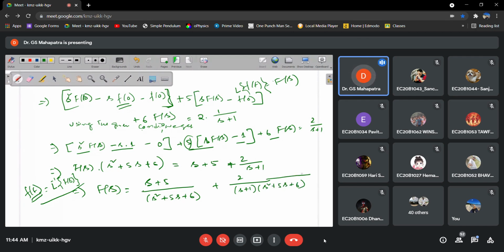Now you understood what we have to do. What is the next part? We have to take the inverse Laplace transform of both, correct? And we have already studied that one.